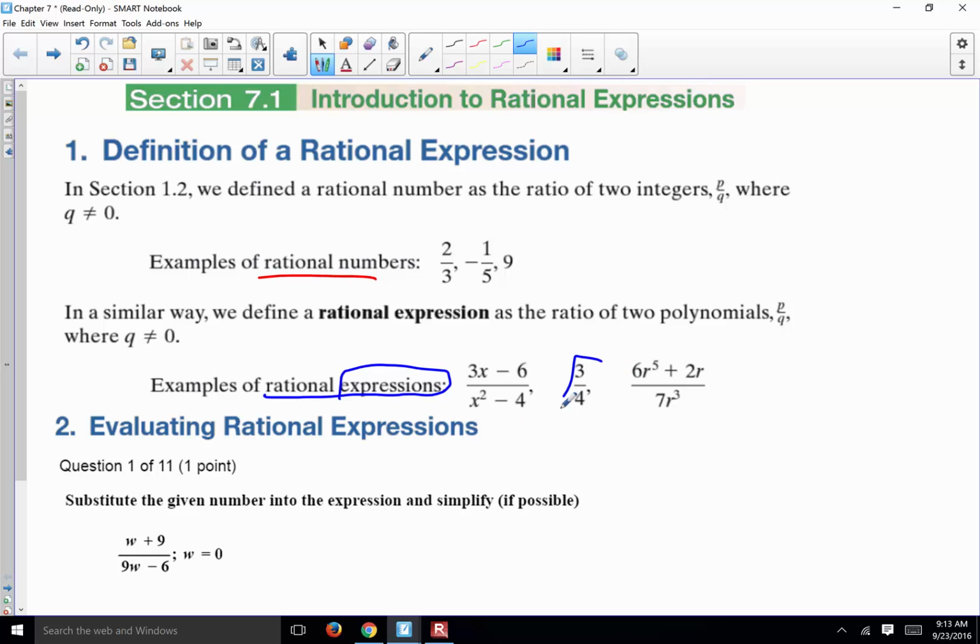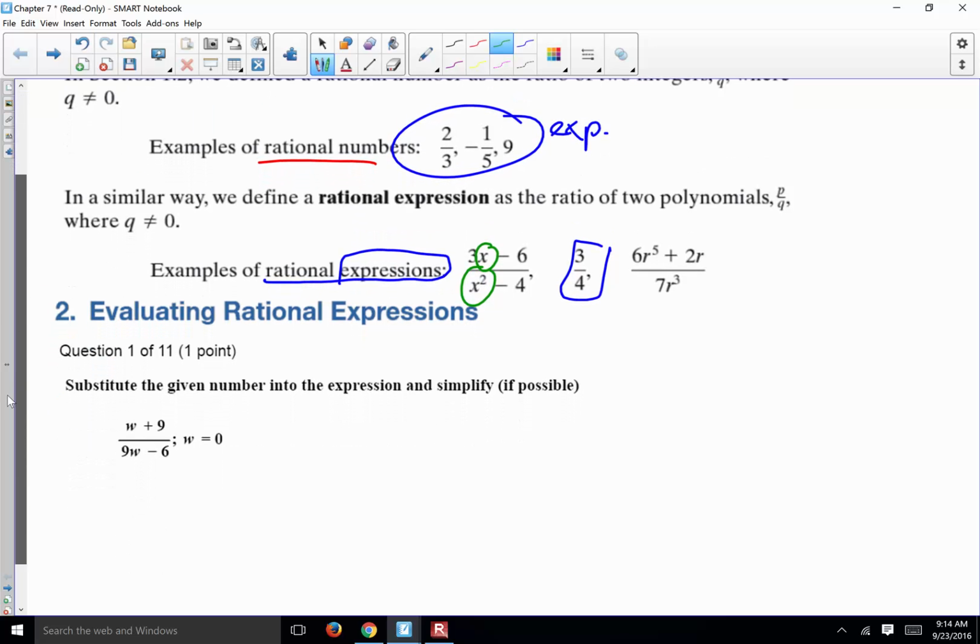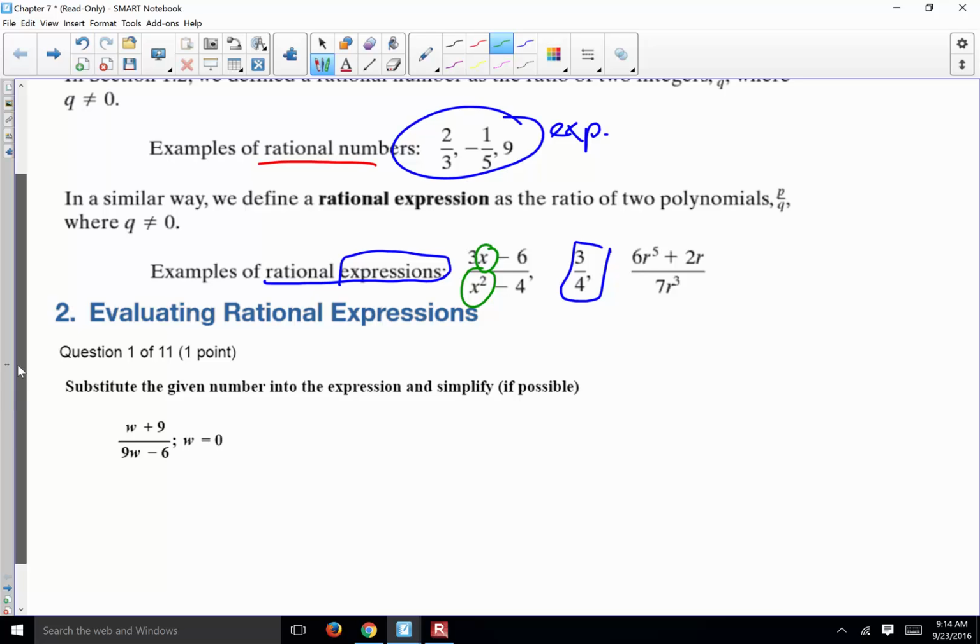It can be purely numbers, still a rational number, and you can call it an expression as well. But more specifically we get to see some x's, y's, z's with powers. And we're going to learn how to treat them, how to simplify them, and what values to avoid in those variables, etc.